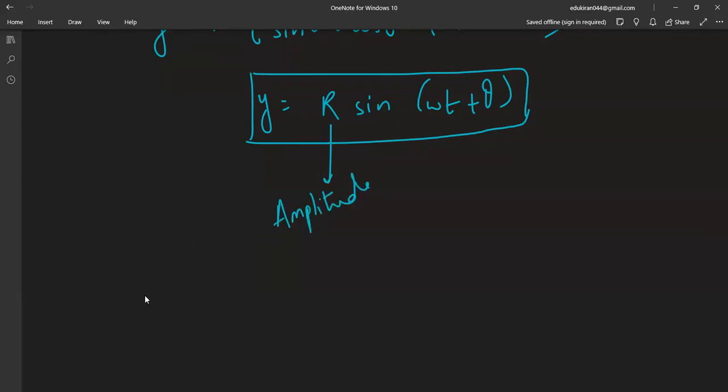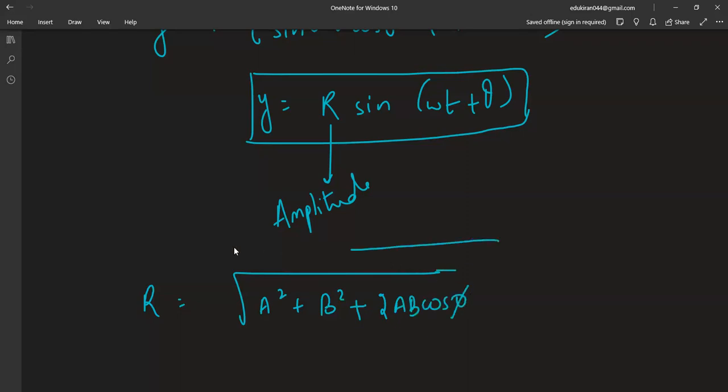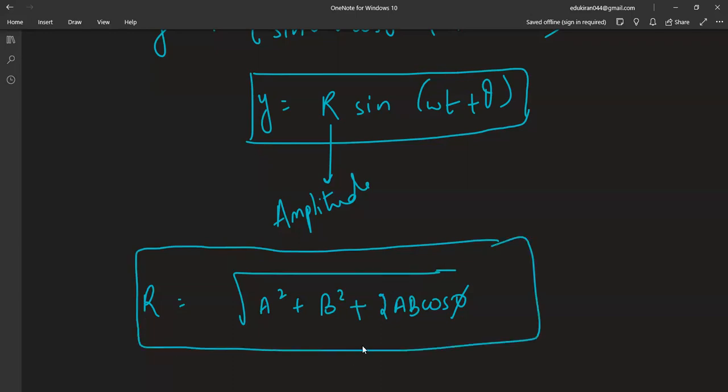How will we find this? R, you can further find it as the square root of a square, that is amplitude of first equation, plus b square, amplitude of second equation, plus 2ab cos phi, using your simple parallelogram law. This is one formula.